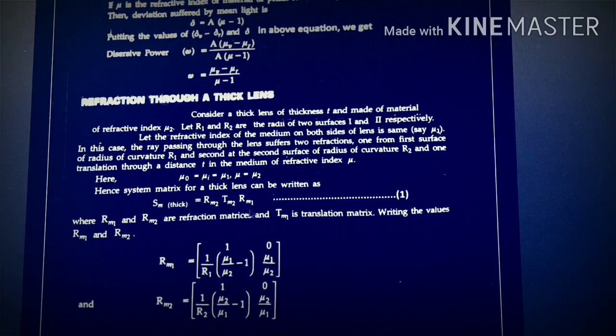The system matrix for thick lenses we also previously discussed, but in this case simply SM thick equals RM2 TM2 RM1. This is equation number 1, where RM1 and RM2 are the refraction matrices and TM2 is the translation matrix.